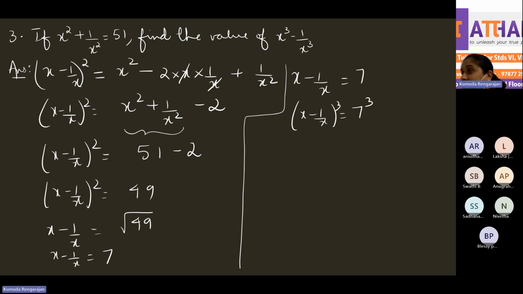So it will become plus 21. Very good. You have done it correctly, but why did you change the sign here? This is correct. So we'll come to the side as plus 21. Oh, you were right only. You are right. 343 plus 21. Very good.